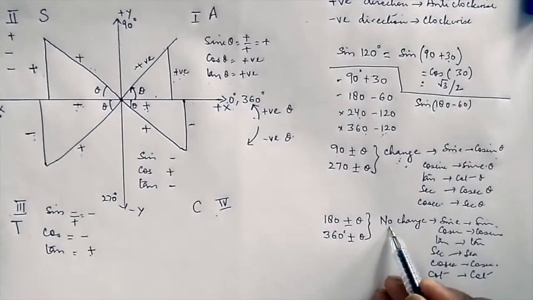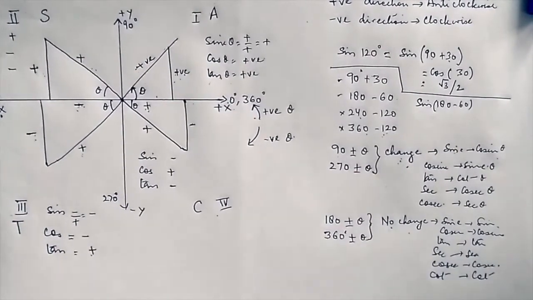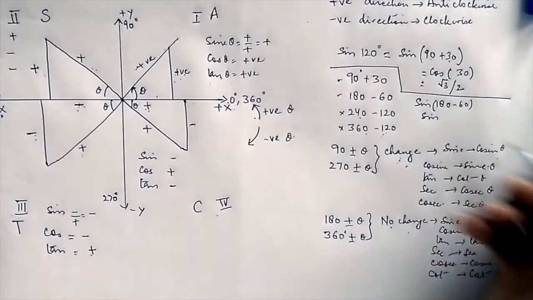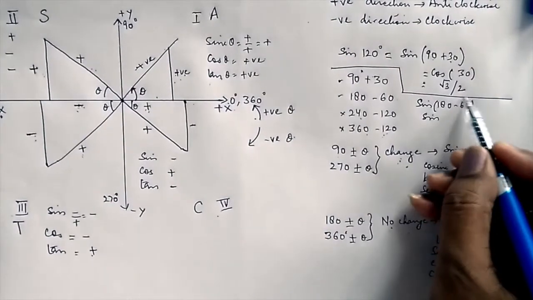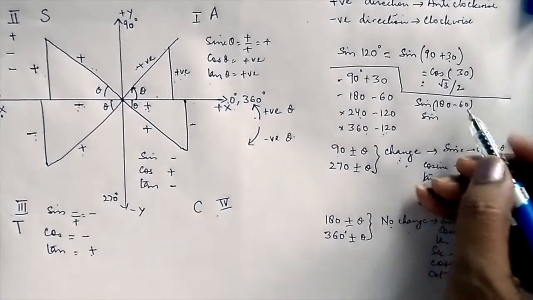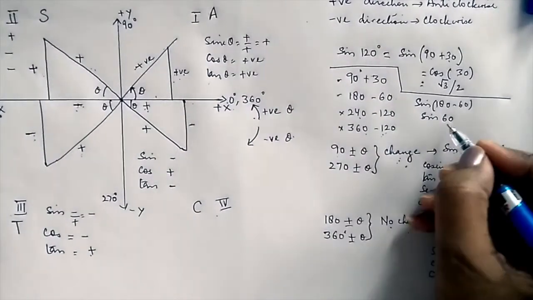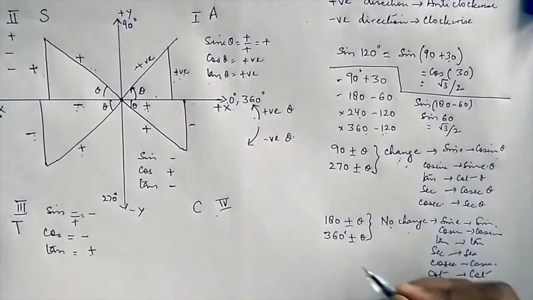It means what? No change. No change means sine remains the same over here. So this is sine of what now? Of the excess or deficit I said. Now this time it is the deficit, which is what? 60 degree. That is sine 60. And you get the answer as root 3 by 2.